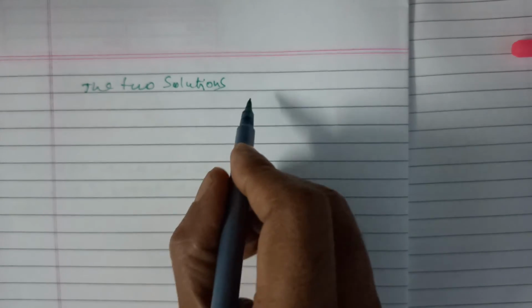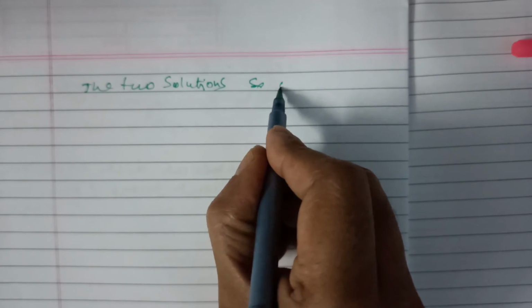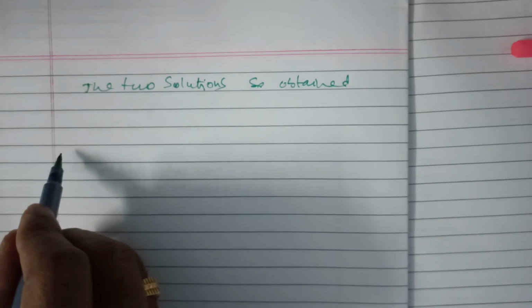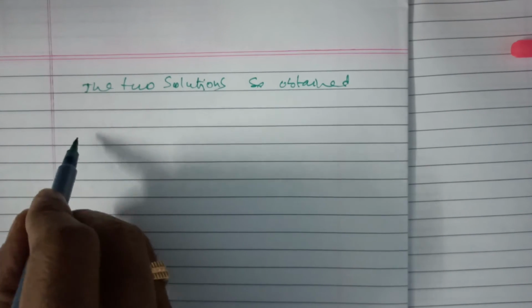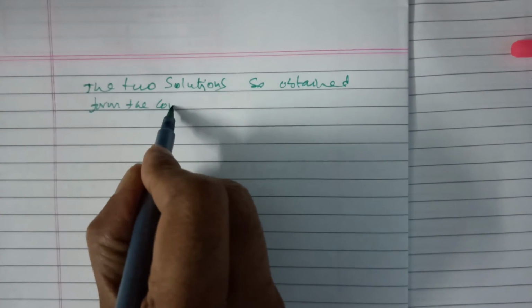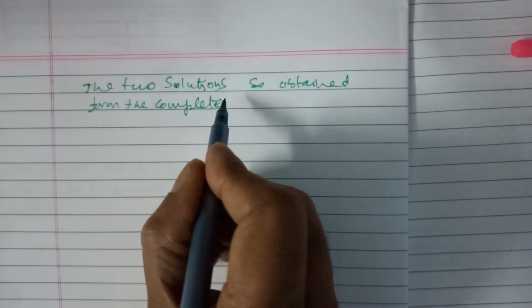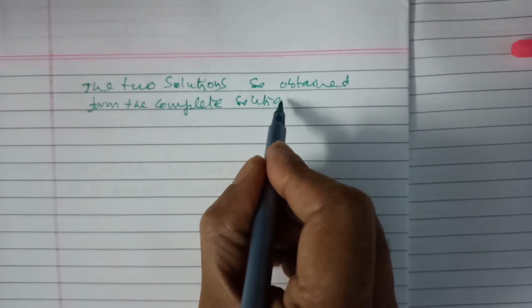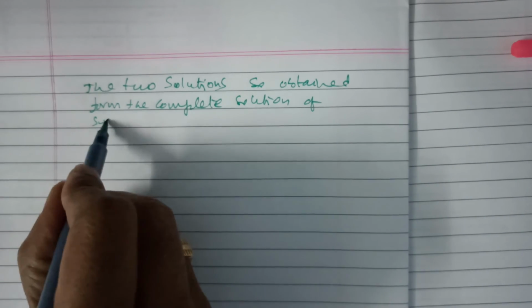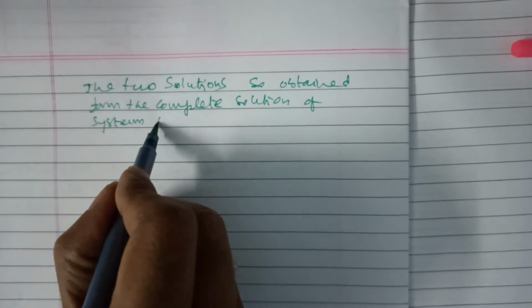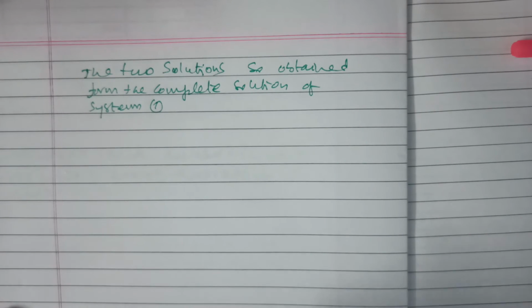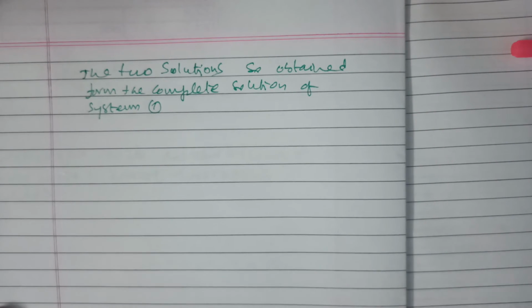The two solutions so obtained form the complete solution of system 1. Right. So by the method of grouping, there are two cases.